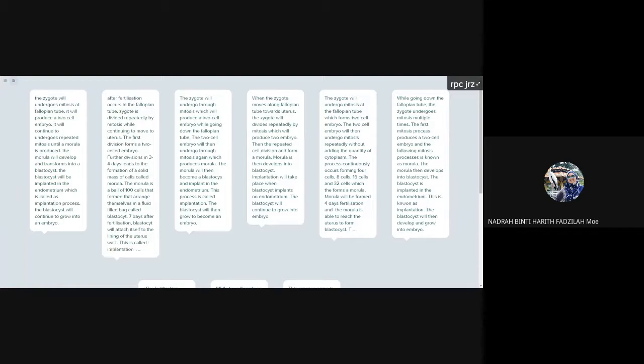We must be specific about where it is implanted: in the endometrium. Okay, very good. Once it is implanted, the blastocyst will develop into an embryo. Very good. Okay, 5 marks. Basically, there is a lot there.